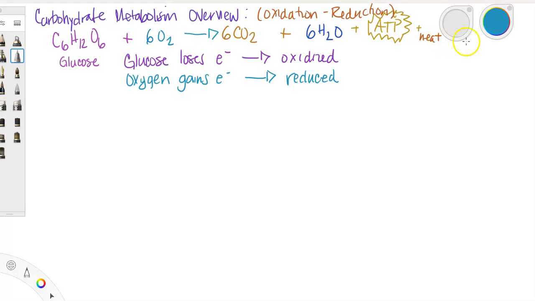So the way to remember the oxidation reduction equation is through this little mnemonic: oil rig.